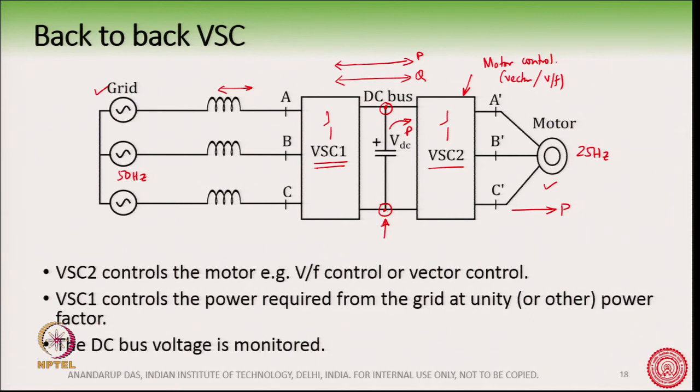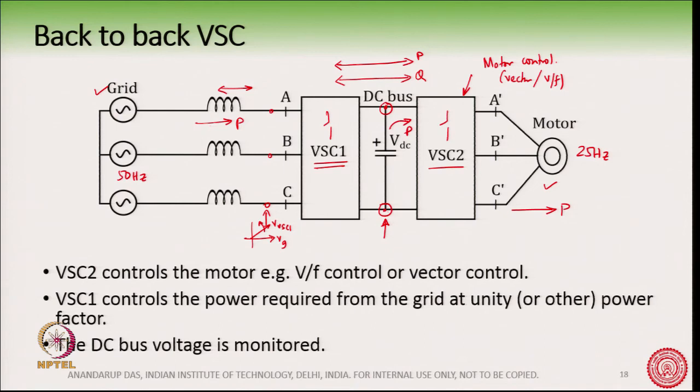If the DC bus is falling, that means VSC 2 is taking more active power from the capacitor bank. So, VSC 1 will then adjust its voltage, this is the voltage which VSC 1 can adjust, it will change its position and magnitude, so that the active power is now drawn more from the grid.